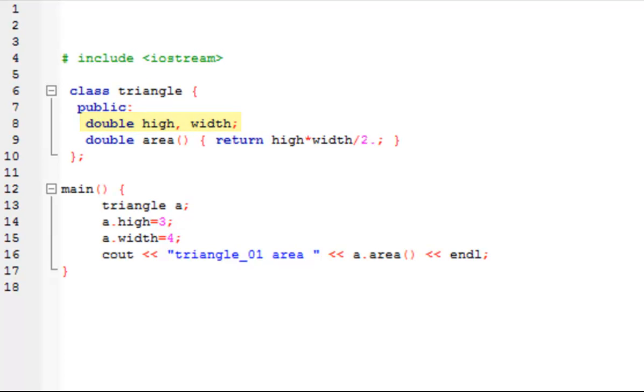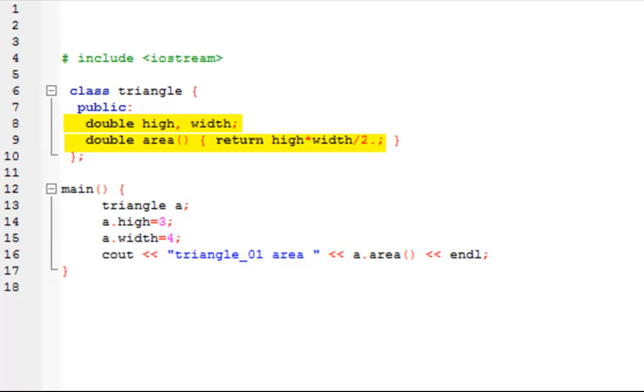In order to define such an object, we should first define its type. An object's type is referred to as a class, for example, class of triangles, class of circles, etc. Each declaration within the block of a class defines a class member. Thus, class triangle encapsulates three members: height, width and area.